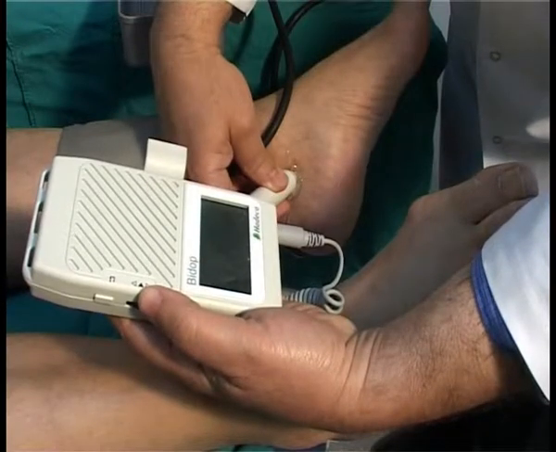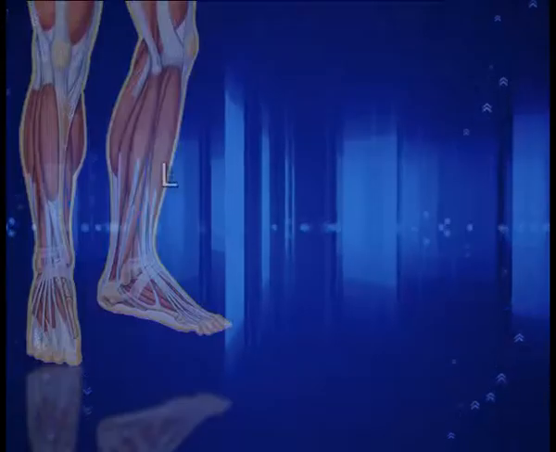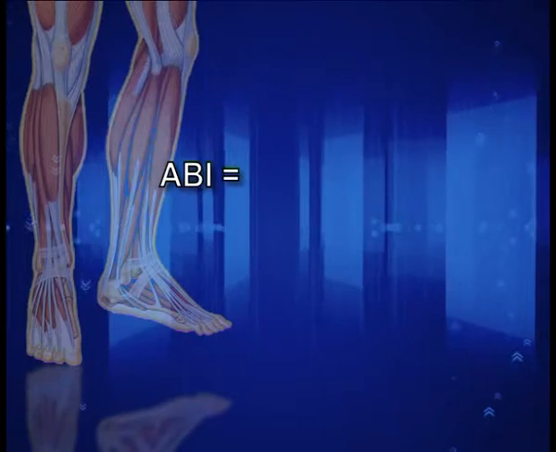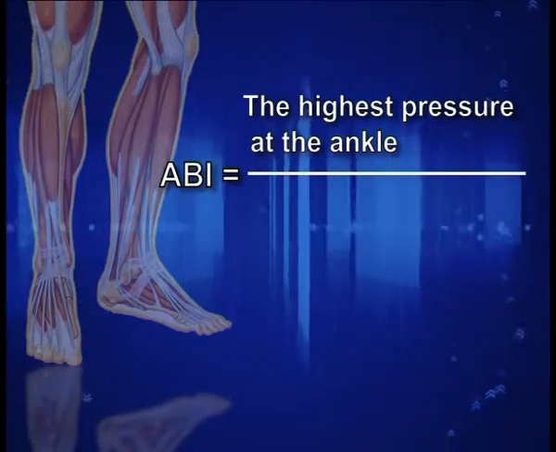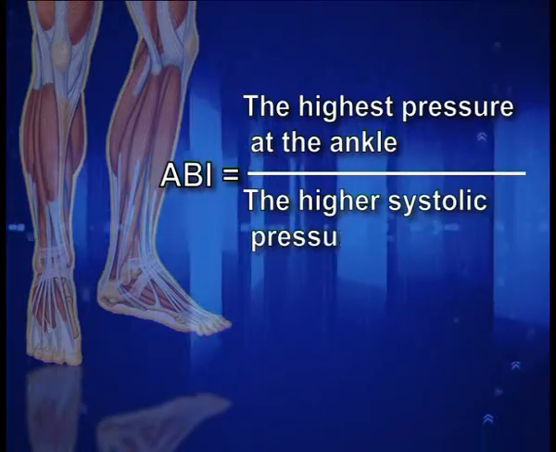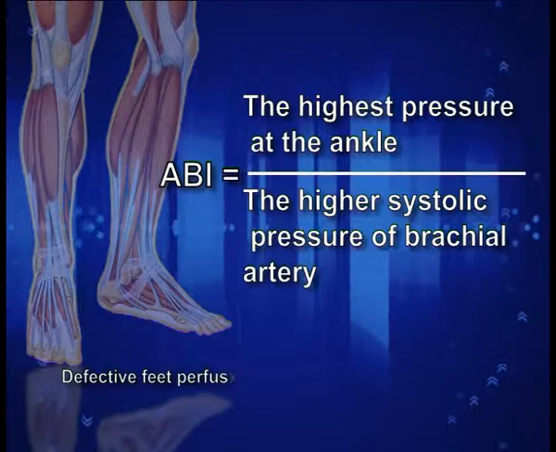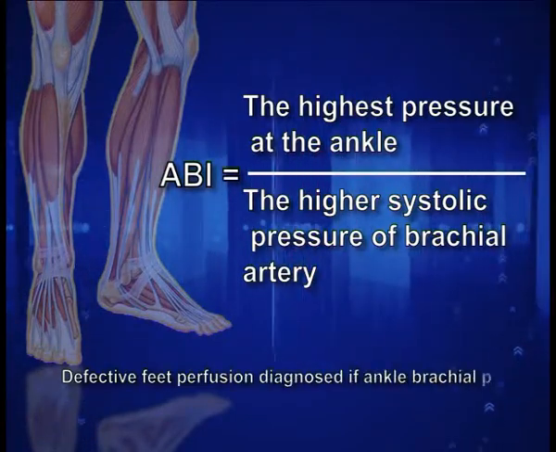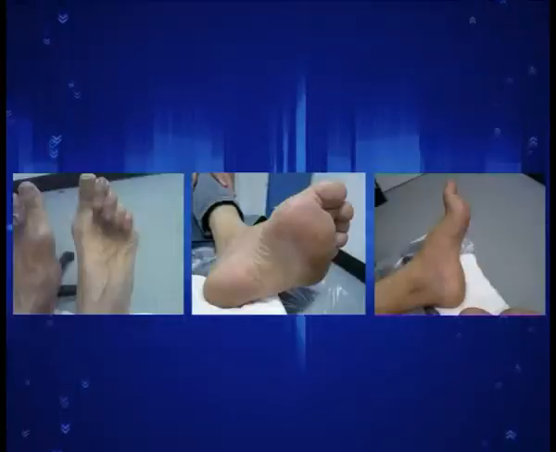Slowly deflate the cuff and note the pressure reading when the Doppler signal returns. Ankle brachial index equals the highest pressure at the ankle divided by the higher systolic pressure of the brachial artery. Defective foot perfusion is diagnosed if the ankle brachial index is less than 0.9.